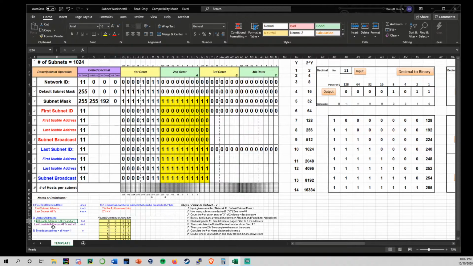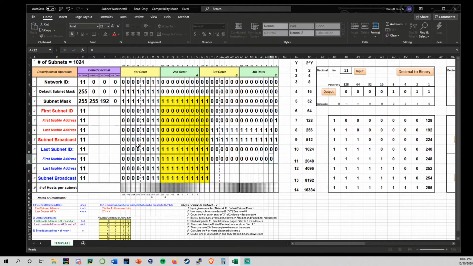So for first usable address, all zeros followed by a 1 at the very end. Last usable is all ones followed by a 0. And the subnet broadcast is all ones. Okay, first usable, same down here, all zeros followed by 1. Last usable address, all ones followed by 0. Subnet broadcast, all ones.